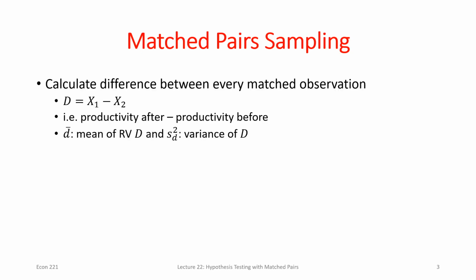So we go through every single person, every single observation, and find the difference between the after time period and the before time period. We're then going to take the mean of that difference variable, call that d bar, and we're also going to find the variance of that difference variable.